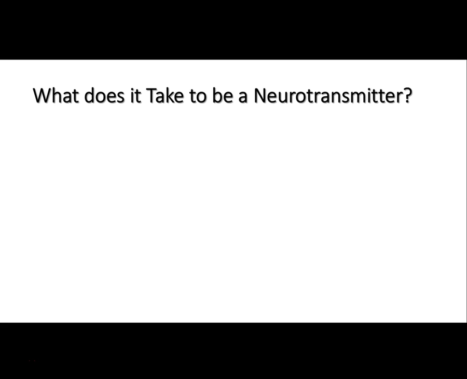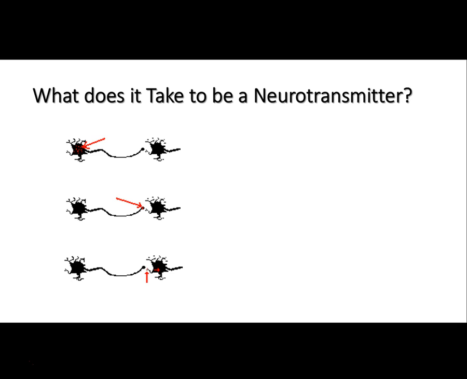For instance, the chemical must be produced within a neuron. It must be found within a neuronal synapse. When the neuron is stimulated, it must release the chemical. And when the chemical is released, it must act on a postsynaptic receptor and cause a biological effect.